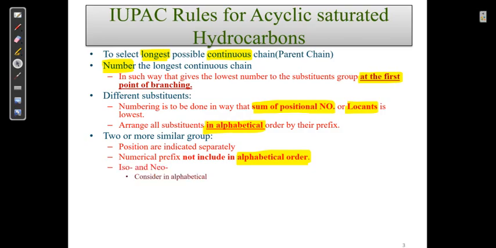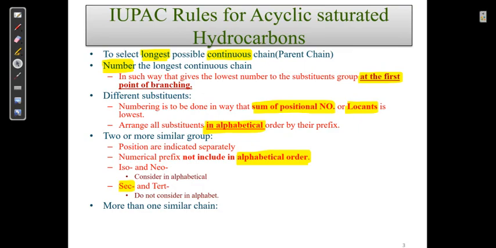Iso and neo are considered in alphabetical order. If you use an iso substituent and a neo substituent, then we have to keep that in mind for the alphabetical order. Sec and tert are not considered in alphabetical order, because sec means secondary and tert means tertiary. They are numerical prefixes, and we have decided that numerical prefixes will not be considered in alphabetical order.